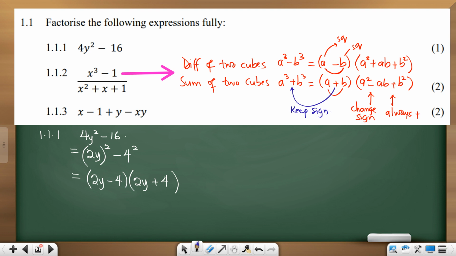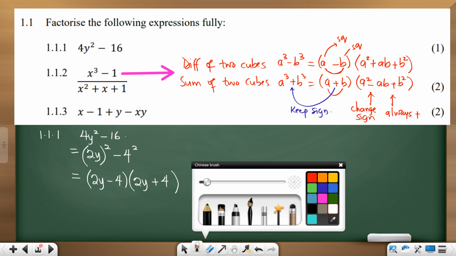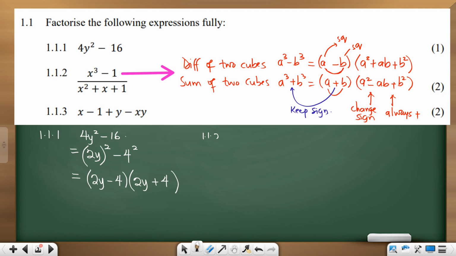important is your signs. So if I have x cubed minus 1 over x minus 1, x cubed minus 1 can be written as x cubed minus 1 cubed, which is already a difference of 2 cubes. Now what's x squared? It looks like a triangle, but I don't think we can factorize. Let's see quickly here.